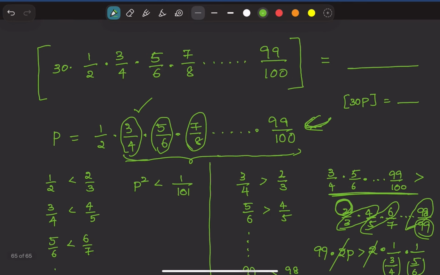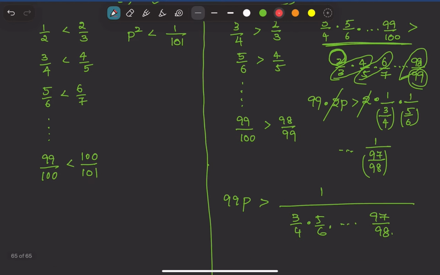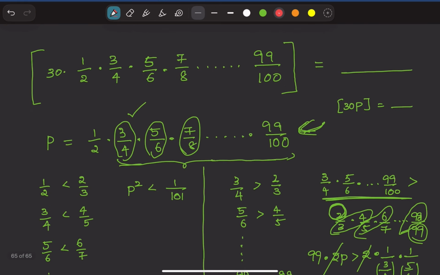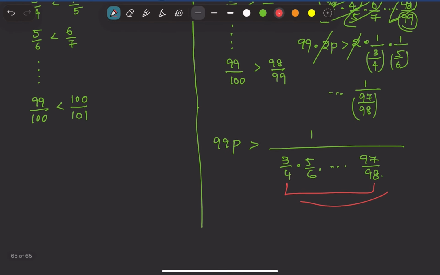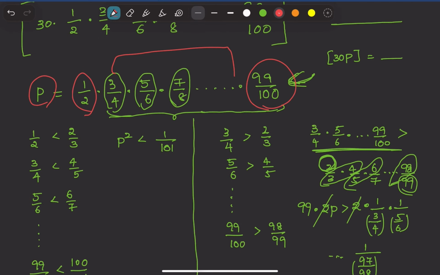If you check carefully, it starts from 3 by 4 and it ends with 97 upon 98. So we are considering this part of the fraction, leaving out these two terms. So this can be written as p multiplied by 2 multiplied by 100 divided by 99.